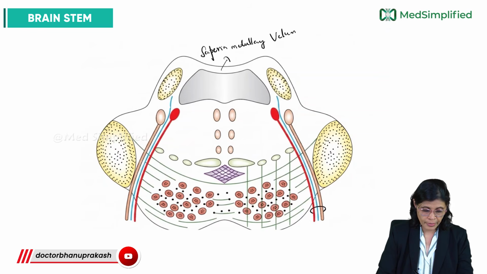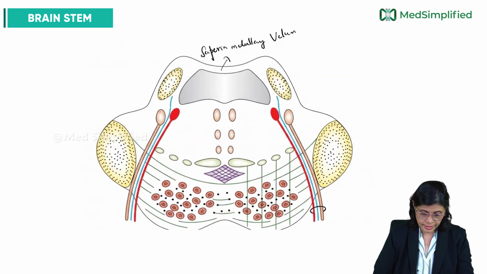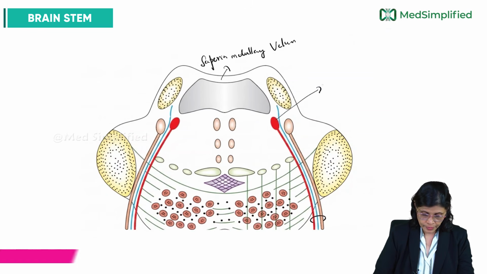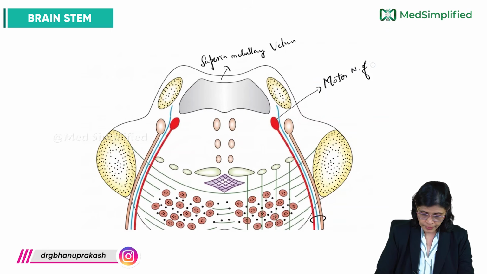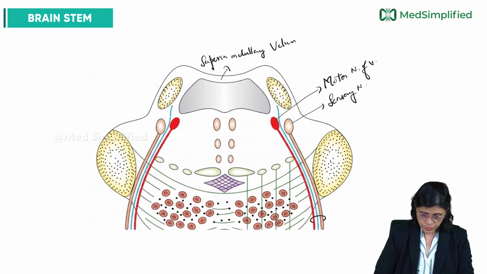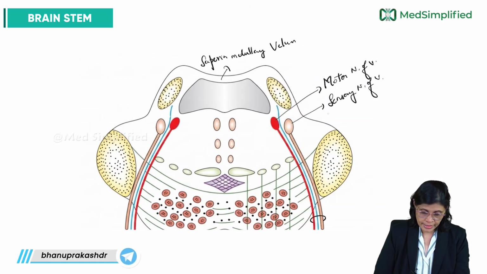The grey matter here will have the motor nucleus of trigeminal, and this is the sensory nucleus of trigeminal. These two we will see. So the motor nucleus as well as the principal or the main sensory nucleus of the trigeminal are seen.